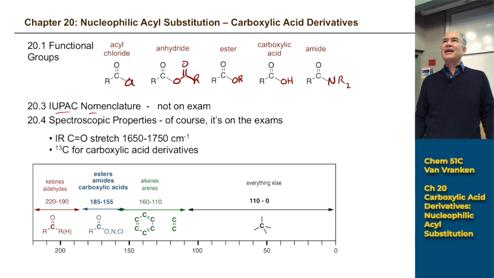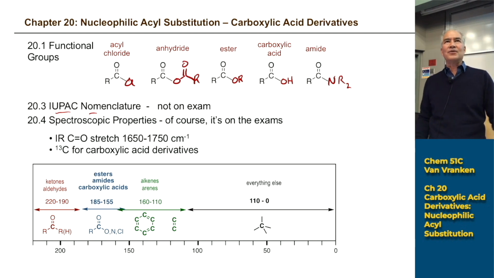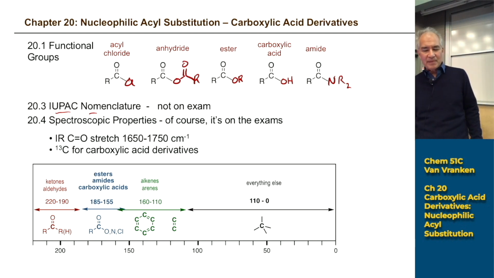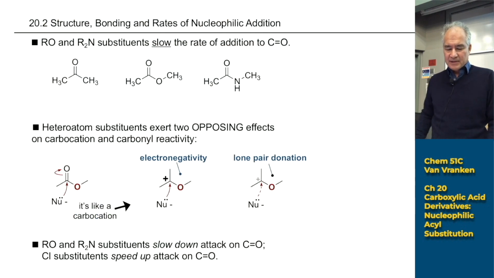Esters, amides, acyl chlorides, that's this chapter. And we've mentioned before, CC double bonds, whether they're aromatic or not, appear about 165 to 110, and pretty much anything below 110 is singly bonded to stuff. And you're not going to know what it's singly bonded to. You're just going to know there's that many unique carbons below 110 parts per million that have only single bonds to them. All right, so carboxylic acid derivatives.